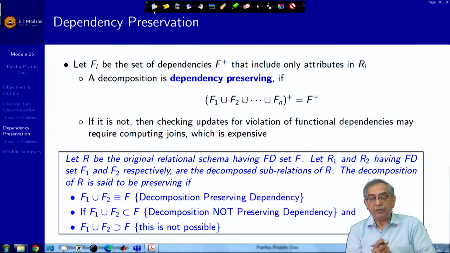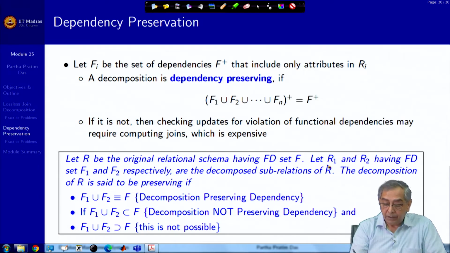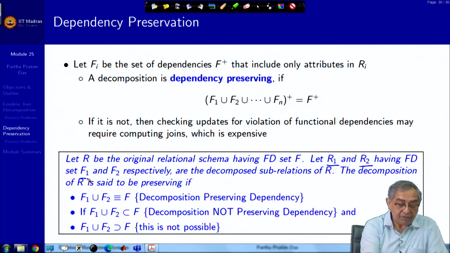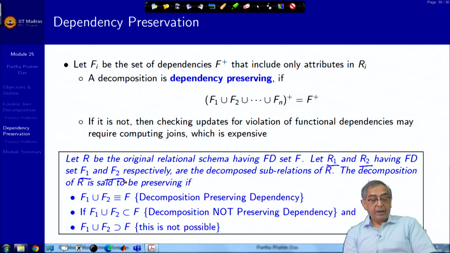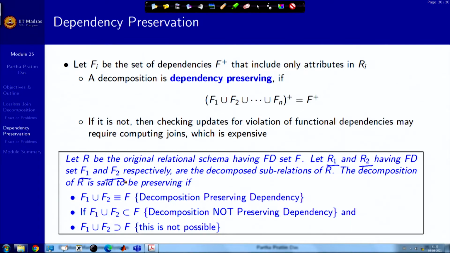We will again work with just a binary decomposition. So, we have R1 and R2 having functional dependencies F1 and F2, and the decomposition of R is said to be preserving if F1 union F2 is equivalent to F, not equal to, equivalent to.